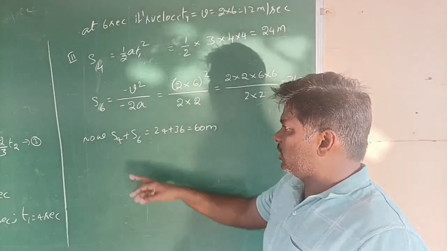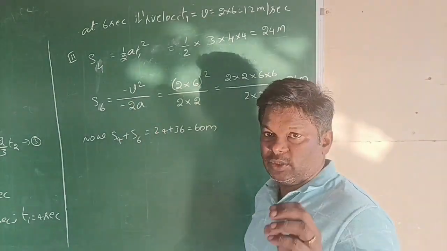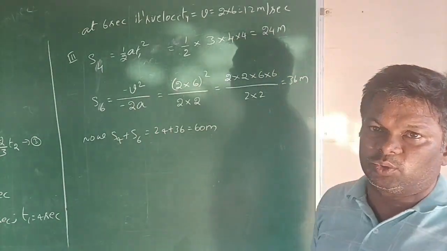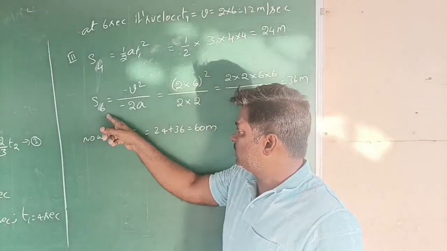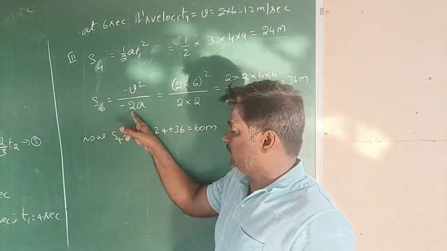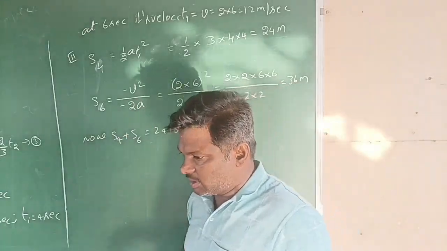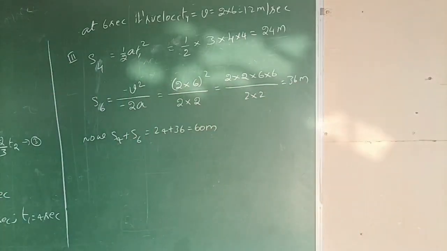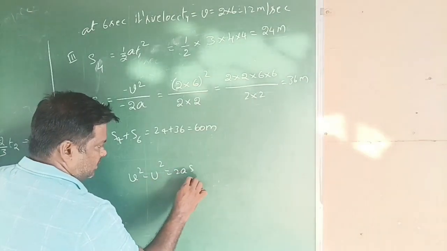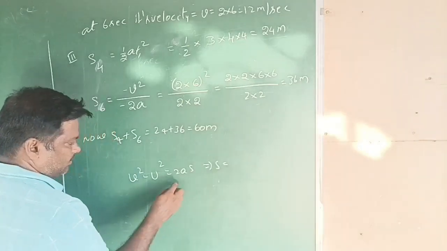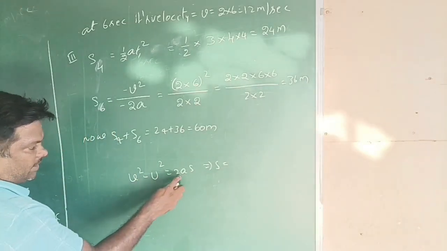During 6 seconds, it decelerates. By using v square minus u square is equal to 2as, s is equal to v square minus u square by 2a.